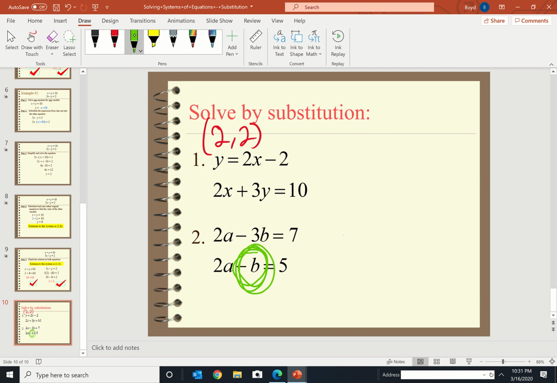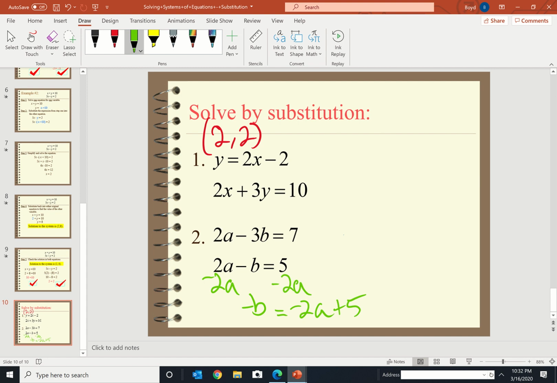In order to do so, we have to do the opposite. So I'm going to subtract 2a. What I do on one side, I must also do on the other. This is going to leave me with negative b equals negative 2a plus 5.